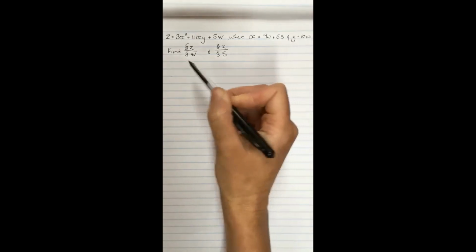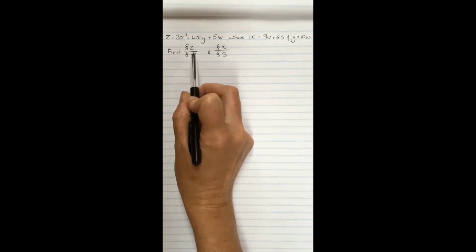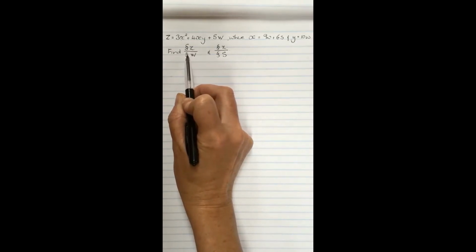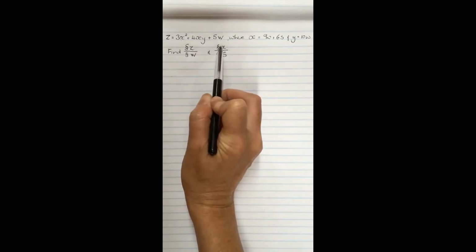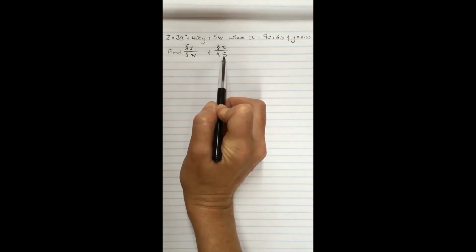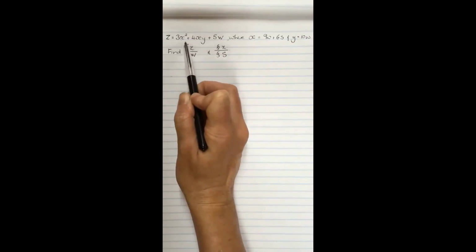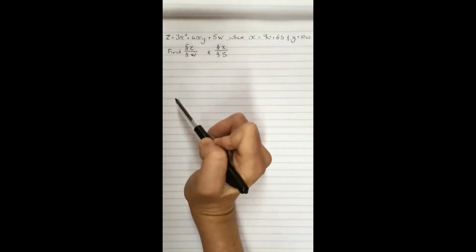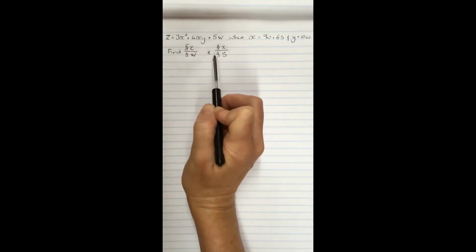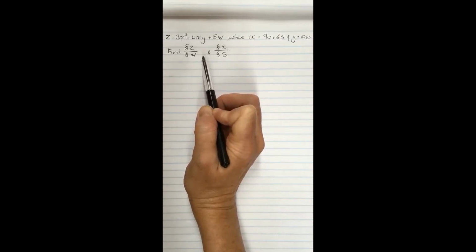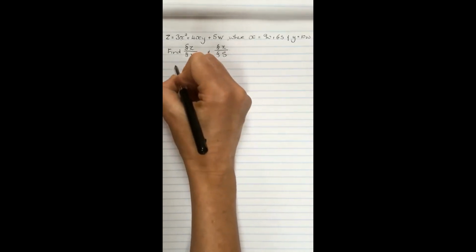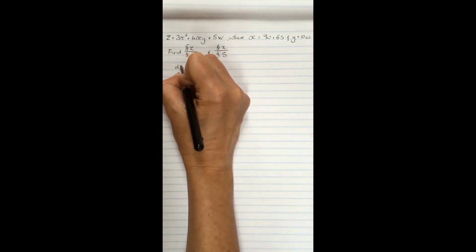All right, so you are asked to calculate the partial total derivatives, z with respect to w and z with respect to s. So we will start with this one here. Regardless of which one we start with, our starting point needs to be to set out the total differential, dz.